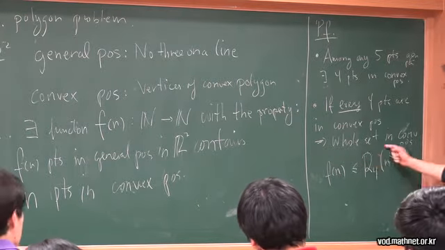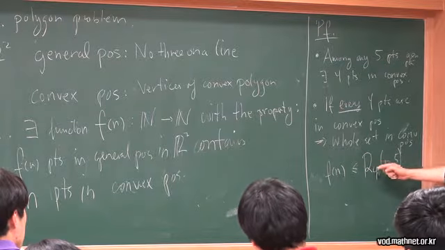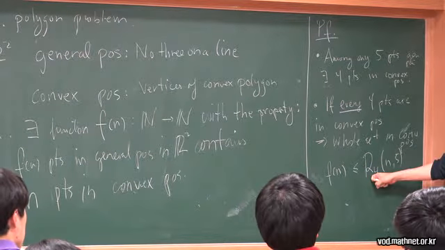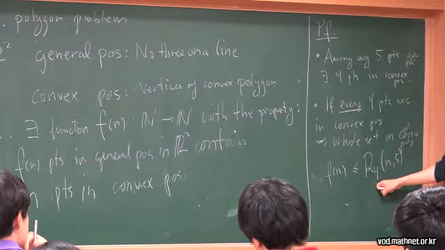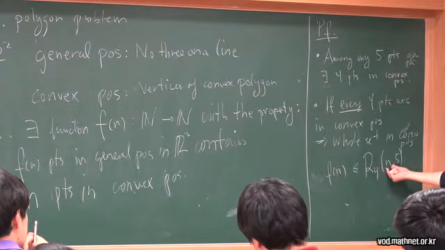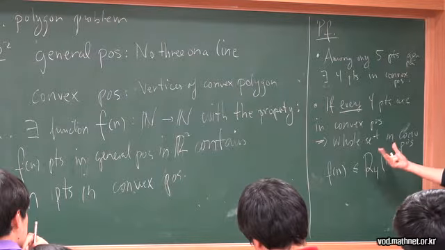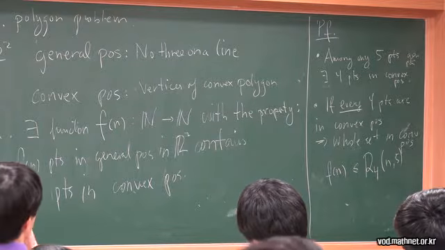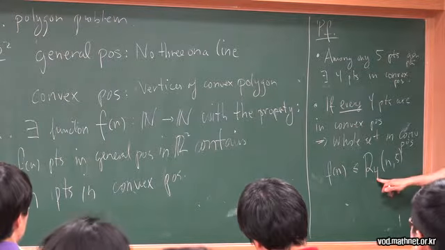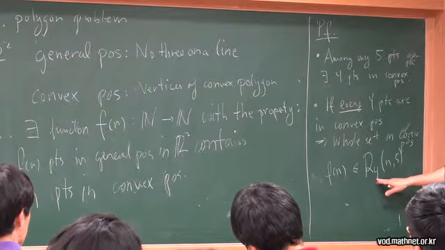It says that there is some finite number, I don't know what it is, such that if I color all the 4 element subsets by 2 colors, there will be a subset of size n or a subset of size 5, in which every 4 element subset gets the same color. Okay? And how do I color it? Well, I color the 4 element subsets by whether they're convex or not.